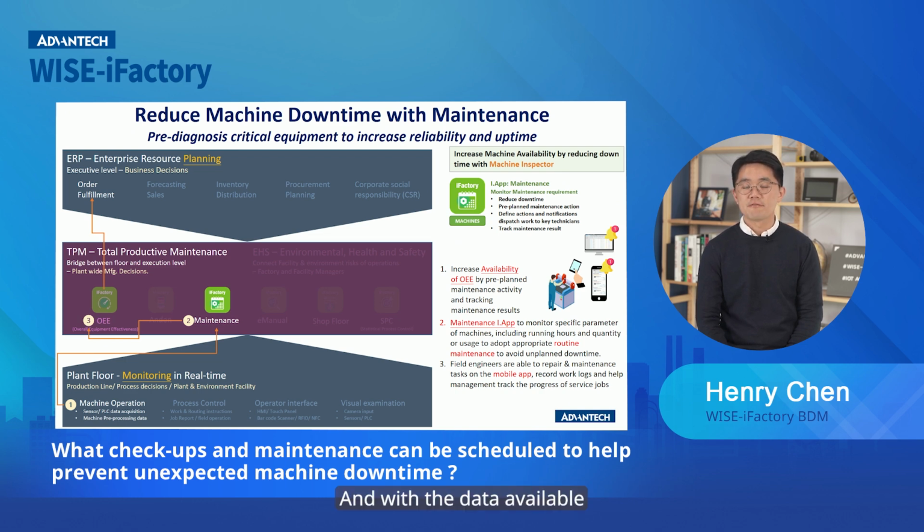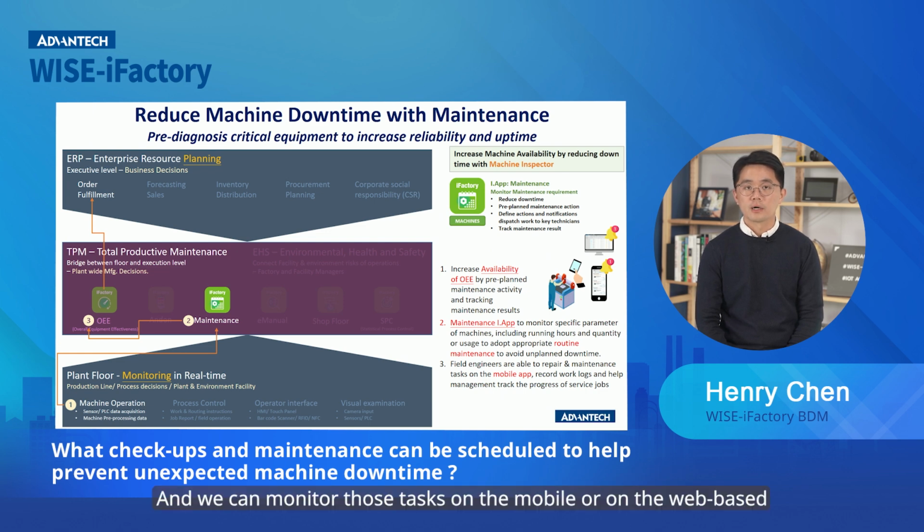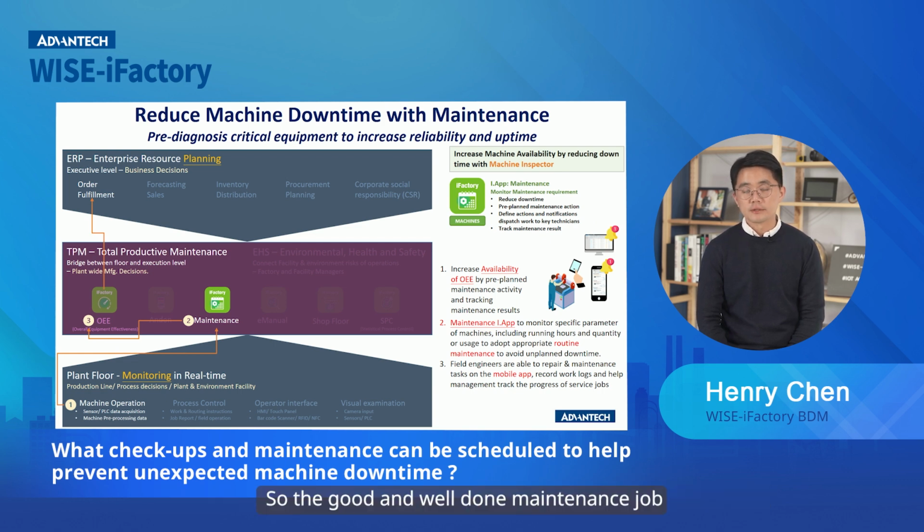With the data available, we monitor specific parameters related to the maintenance task, and we can monitor those tasks on mobile or web-based. So a good and well done maintenance job will increase the total production output so that order fulfillment can be increased, and so the business owner will gain profitability.